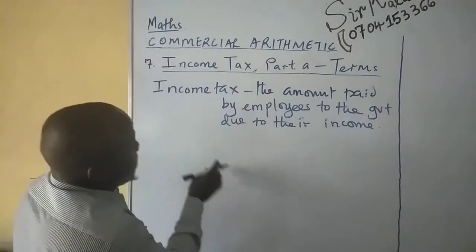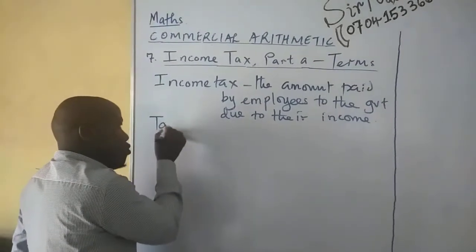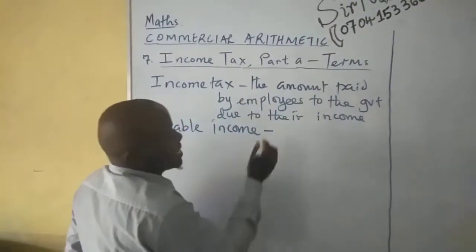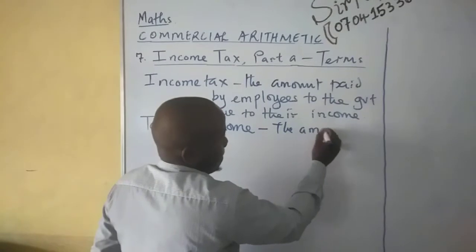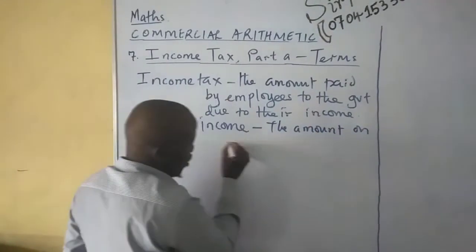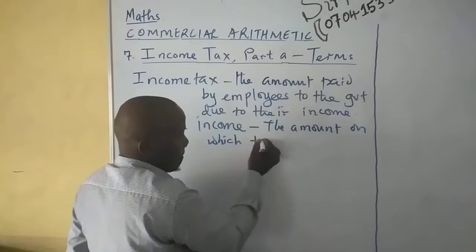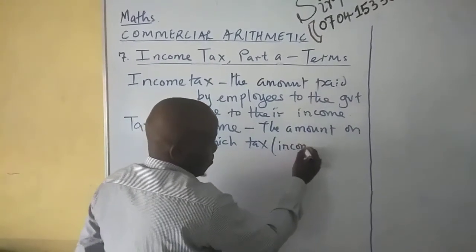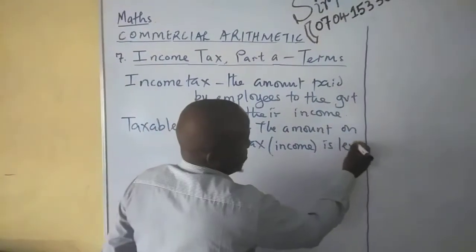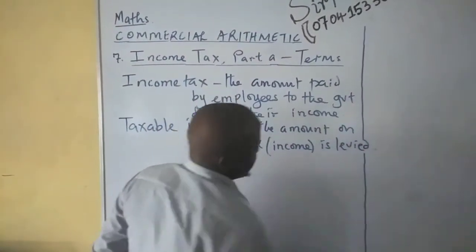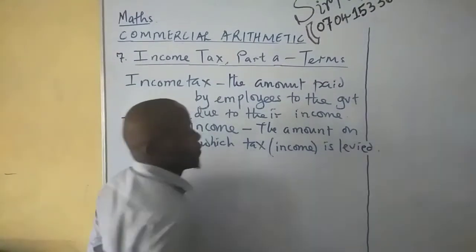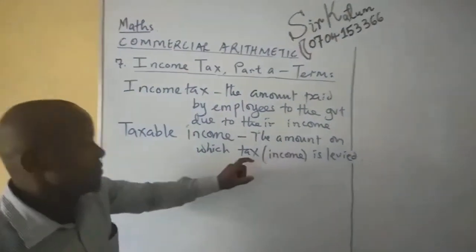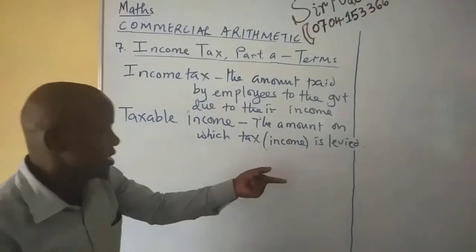Now, the other term under this is called taxable income. And this is the amount on which income tax is levied, of course by the government.